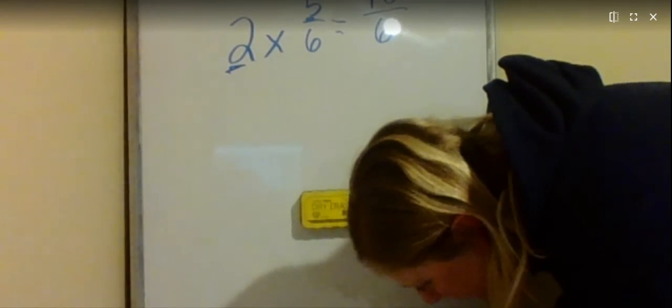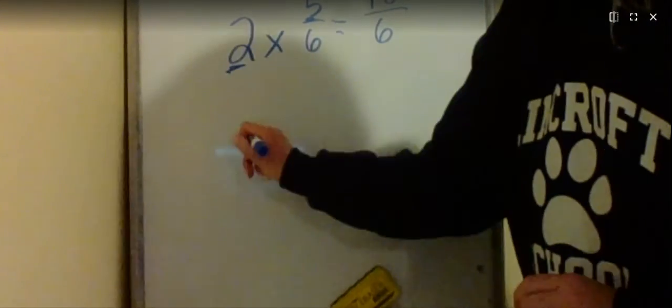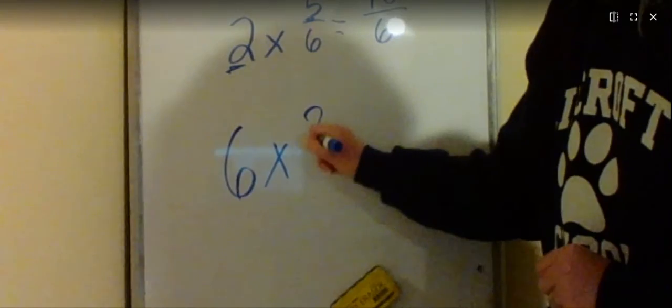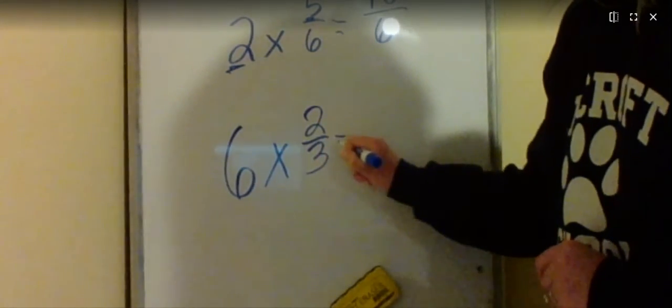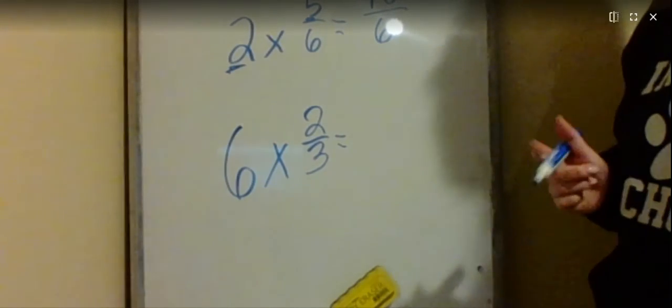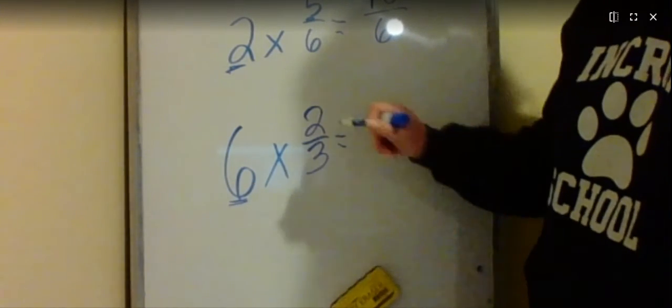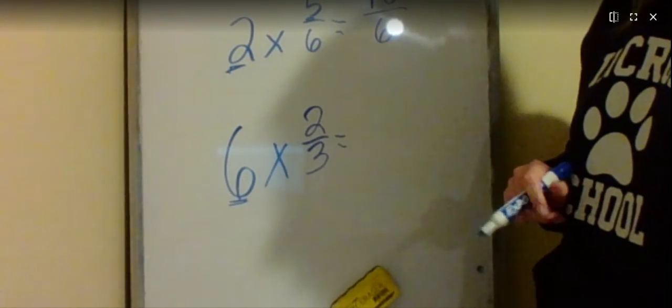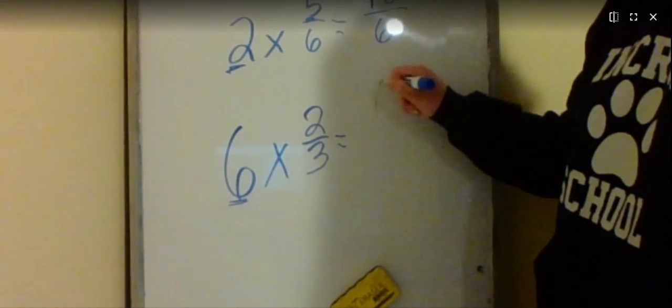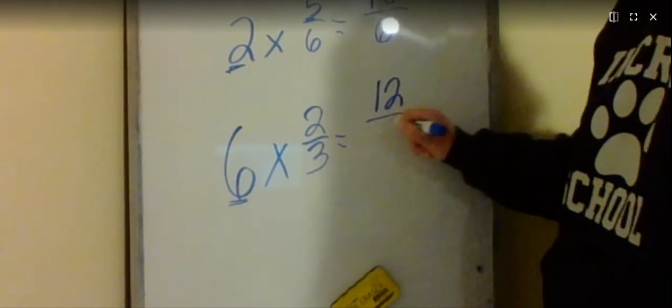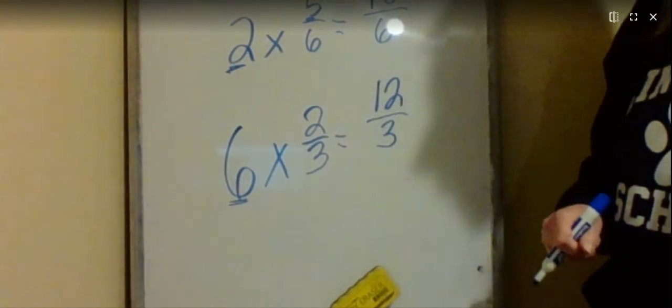So if I had, let's do 6 wholes times 2/3. Now you could draw a picture if you want, but like we just talked about, you could do your 6 wholes times 2, which is 6 times 2 is 12. And we're talking thirds.